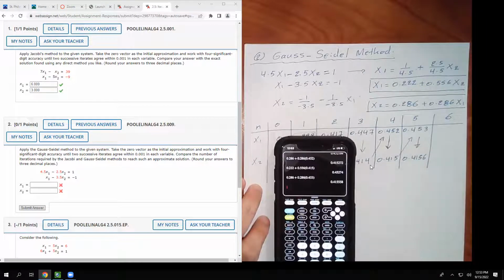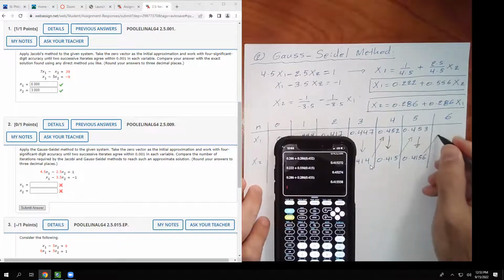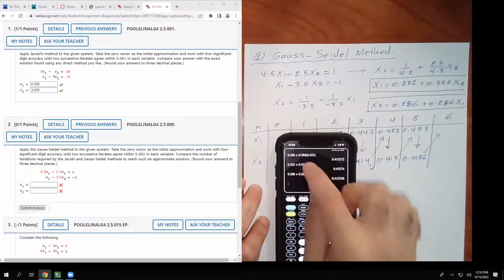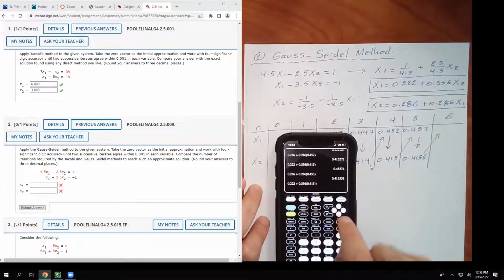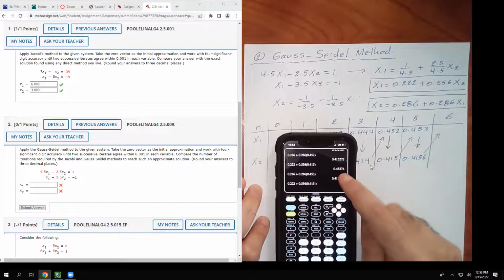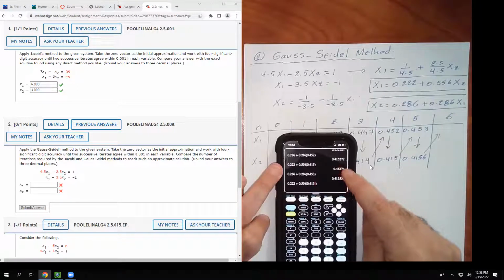I'm going to plug in x2 to find x1. So here I'm just going to change this one to 6. So 3 decimal places. This one is going to be 4, 5, 2, 7.